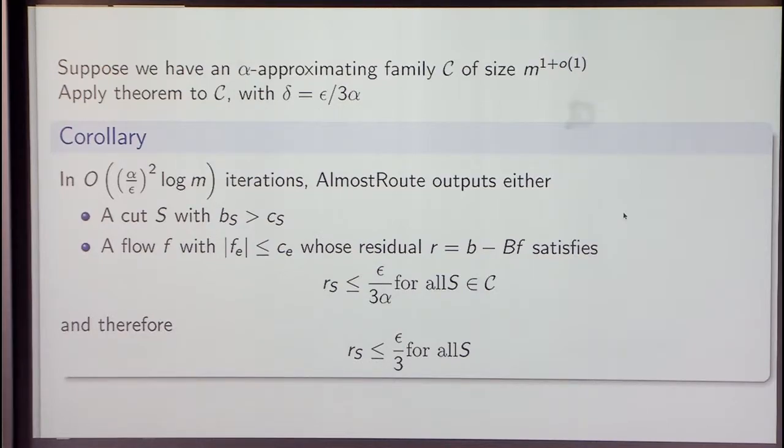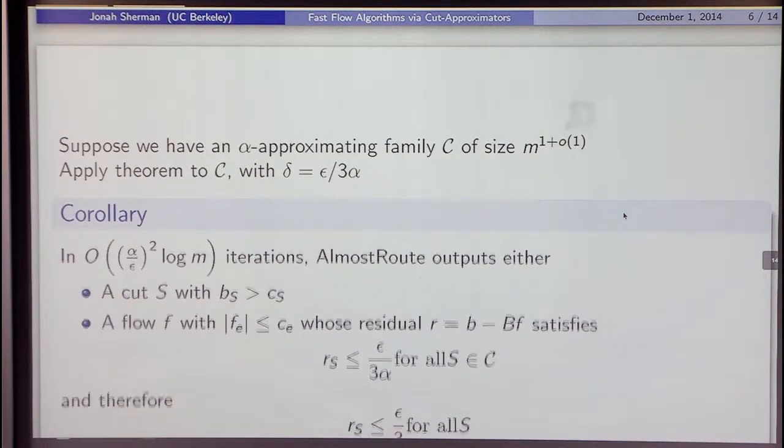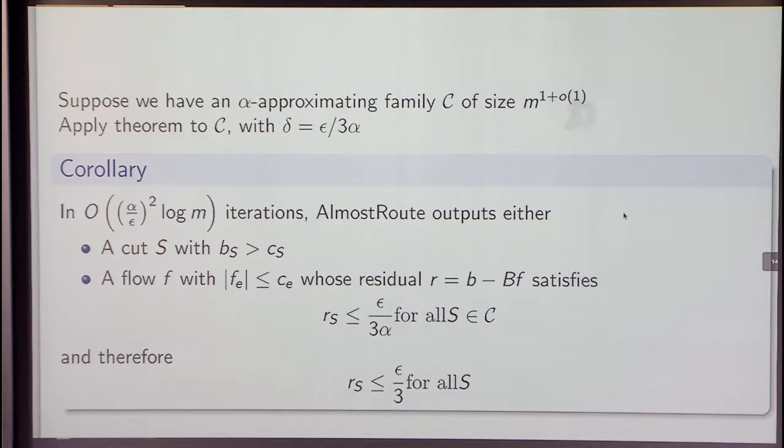So if you apply the previous theorem, we get after basically alpha squared over epsilon squared log m iterations, we're either going to get the cut that we want, or we're going to find a flow that respects the capacities, and the residual satisfies, again just from the theorem, the residual on the set S is less than, it should be a CS, epsilon over 3 alpha times CS.